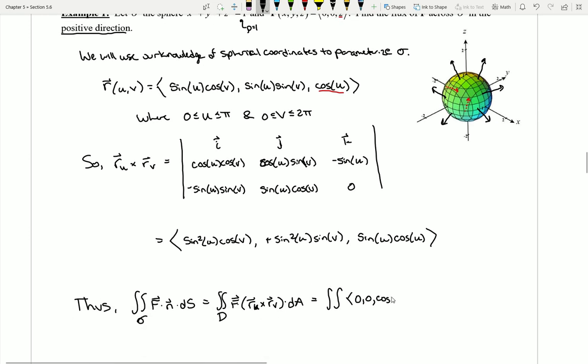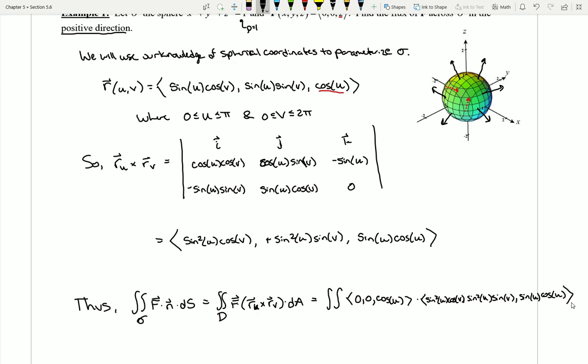So I'm going to have a cosine of u, there's my f, and I need to dot that with my sine squared u cosine v, sine squared u sine v, sine u cosine u.